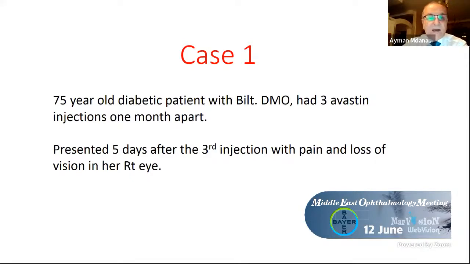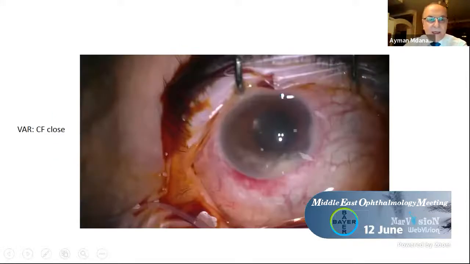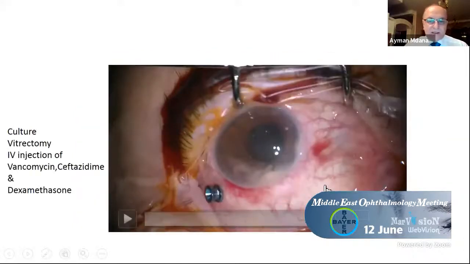She had 3 Avastin injections 1 month apart in both eyes. She presented 5 days after the 3rd injection with pain and loss of vision in her right eye. This is her right eye. You can see the cornea is a bit cloudy, with fibrinous reaction and hypopyon, and the vision was counting fingers. I decided to go ahead and do vitrectomy for this lady.